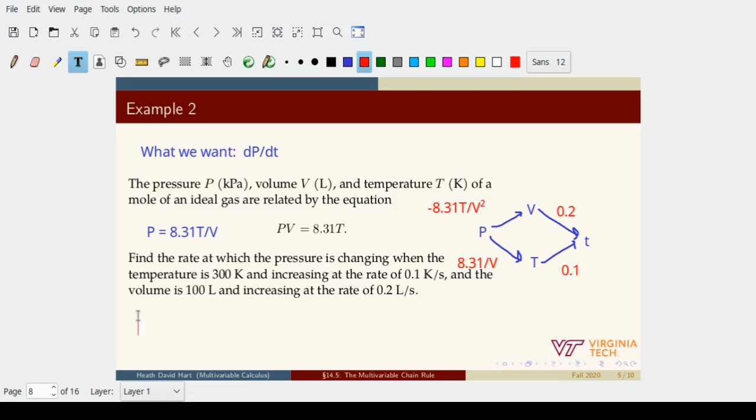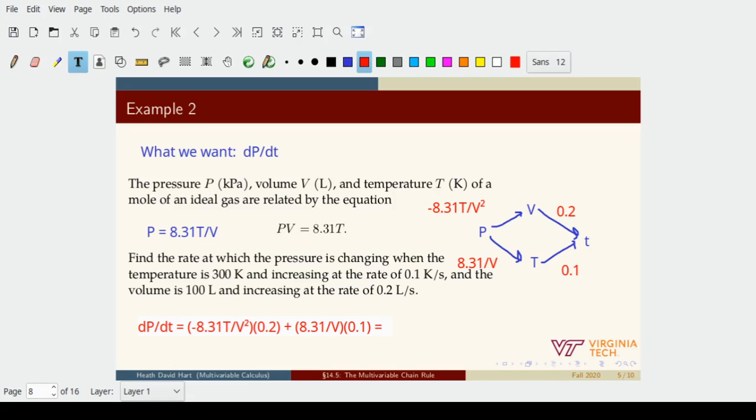All right. And so the rate of change in pressure with respect to time, we multiply along each path. Add the paths together.